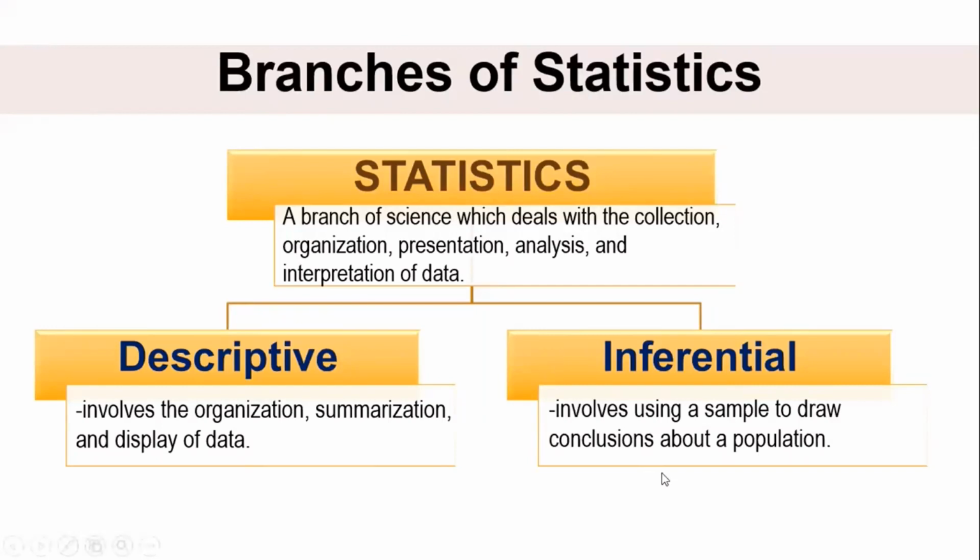But we have also discussed another one, which is what we call inferential. This involves using a sample to draw conclusions about your population. And so from this point forward, our focus is not only descriptive, but rather inferential. Given a certain data set, what possible conclusions can we form out of them?